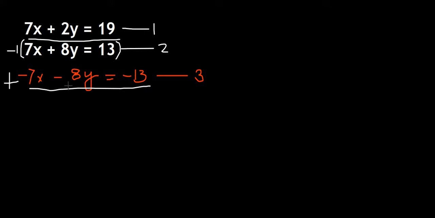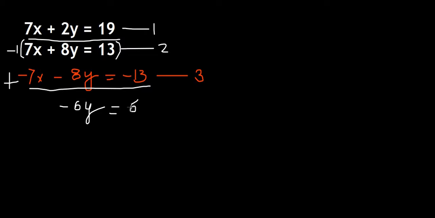And then 2y plus minus 8y, or 2y minus 8y equals minus 6y, which we write like this, and then 19 plus minus 13 is equal to minus 6. Oh, we made a mistake. It's not minus 6, it's going to be 6.